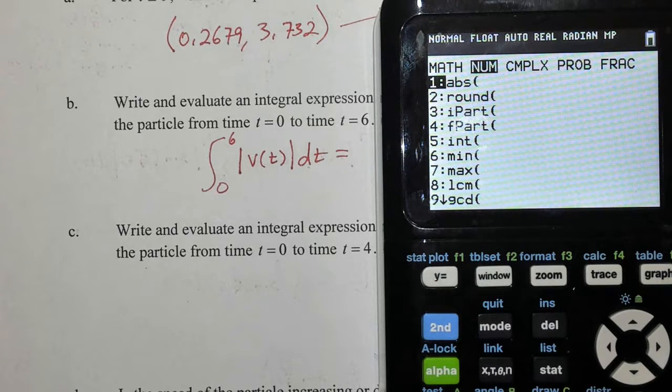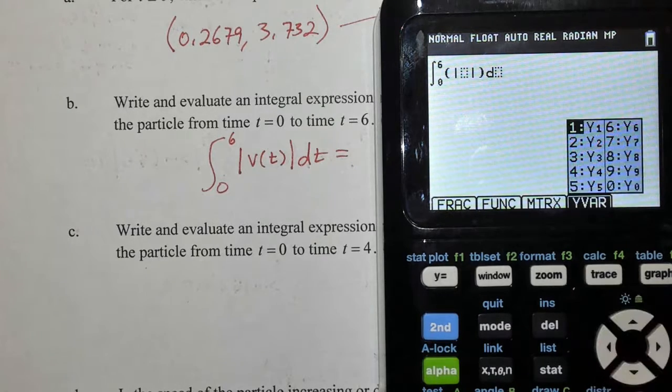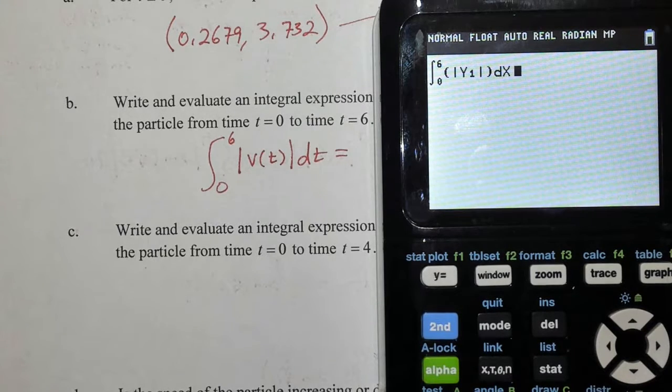That's there no matter what the operating system. So we hit enter, and our y1 goes in there: alpha trace y1, and then dx. It's going to think for a little bit because of the complicated function and the absolute value, and eventually it will pop out our answer.